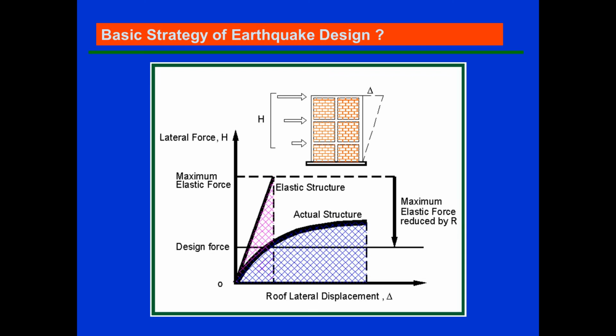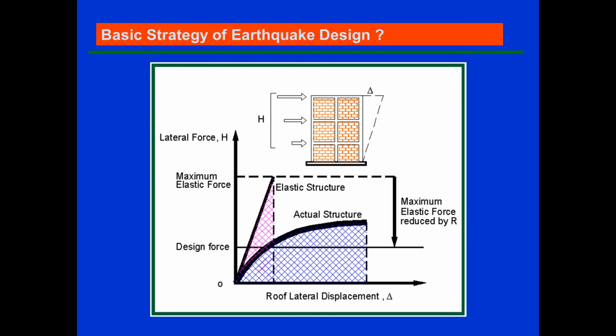Okay, so H is the horizontal force which is acting. If you see the top diagram, H is the horizontal lateral force acting on a frame. Because of that, the frame will try to deform in the rightward direction. So this delta, we have to take care of in earthquake resistant design.